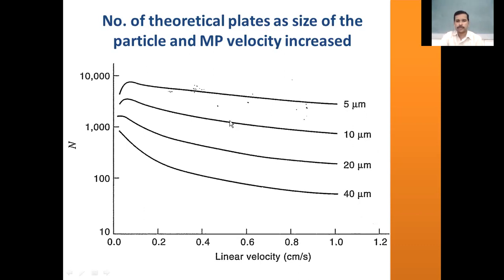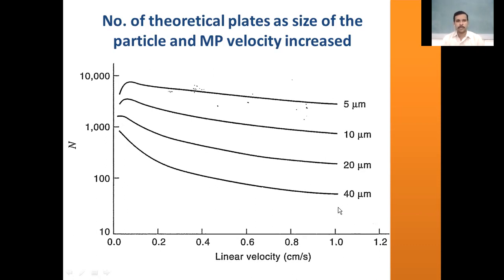If you use 10 micrometer, it is somewhat less influenced by the particle size and the linear velocity of the mobile phase. As the linear velocity of the mobile phase increases, the number of theoretical plates slightly decreases for the 10 micrometer particles. And if you look at 20 micrometer stationary phase particles, the n value keeps on decreasing as the linear velocity of the mobile phase increases. Similarly, for 40 micrometer particle size, the n value keeps on decreasing.